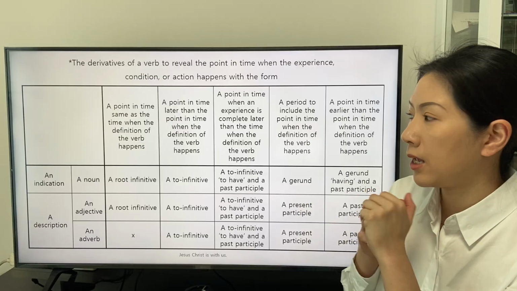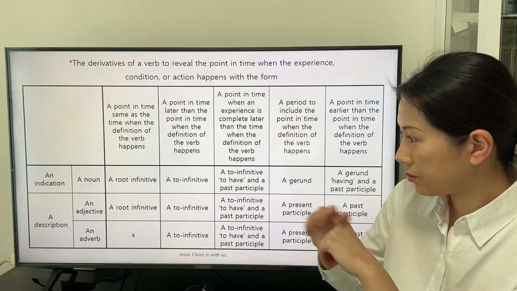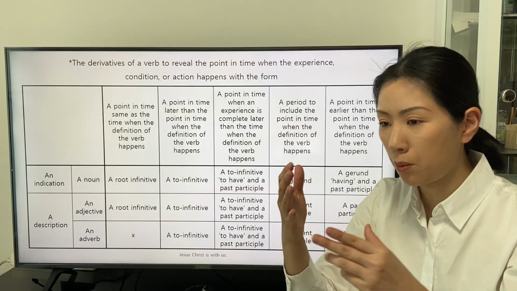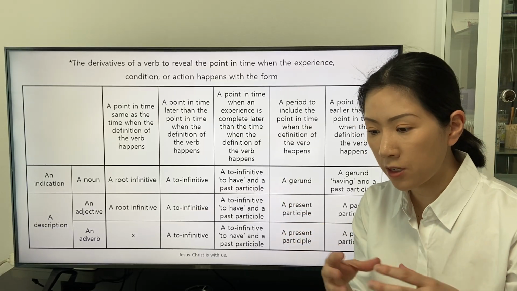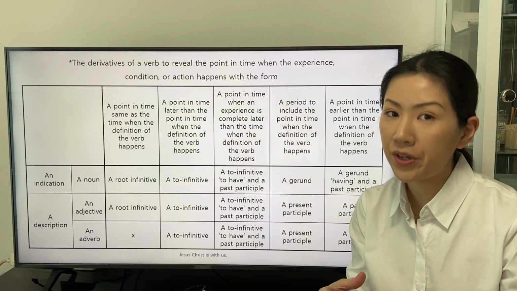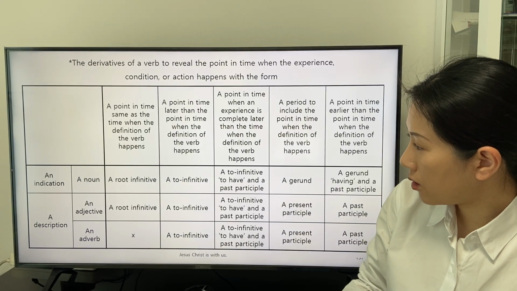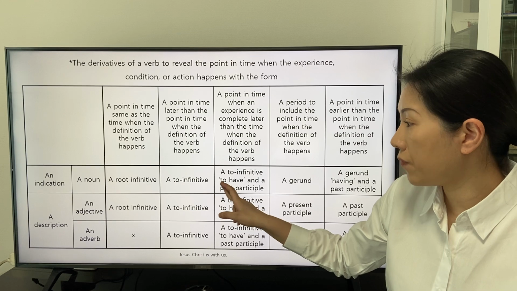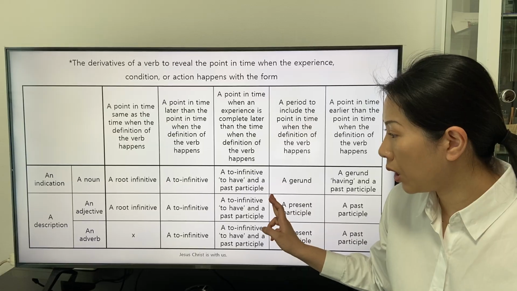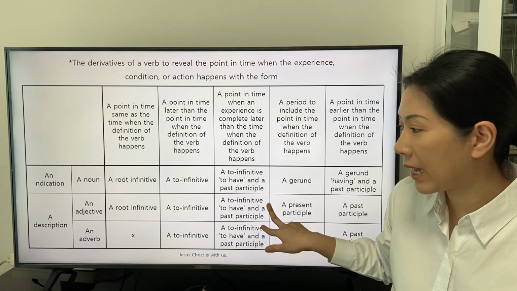This tells us that the subject in the clause has a purpose to be completed later than the moment when the definition of the verb reveals, when the tense of the clause reveals. The combination of the to infinitive to have and a past participle is also applied with a trait as an adjective and an adverb.